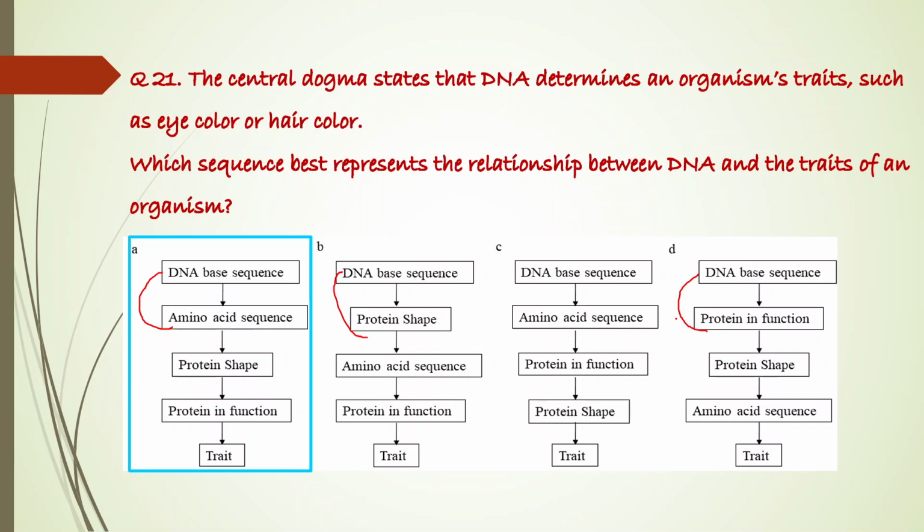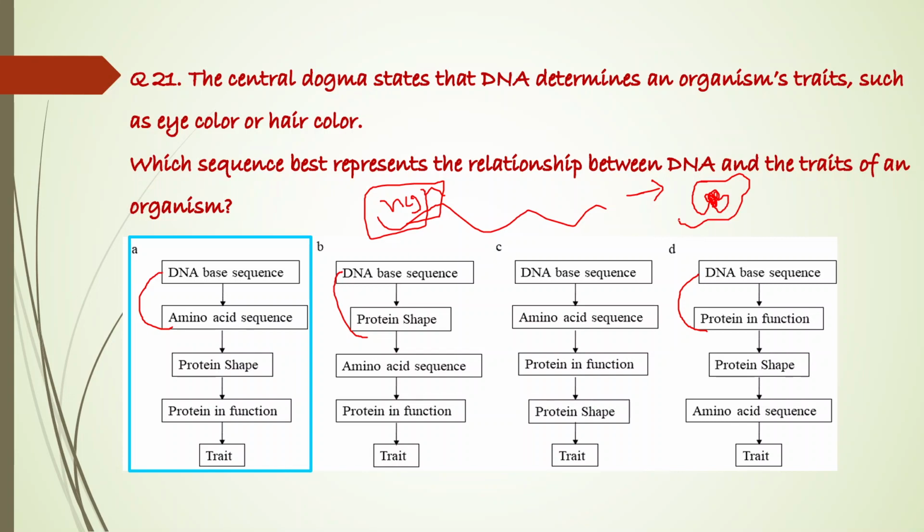Suppose this is your protein sequence and this particular part has a large number of non-polar amino acids. Whenever this protein sequence tries to fold, it will fold in such a way that the non-polar ones go to the inside and the polar ones remain on the outside, something like that.